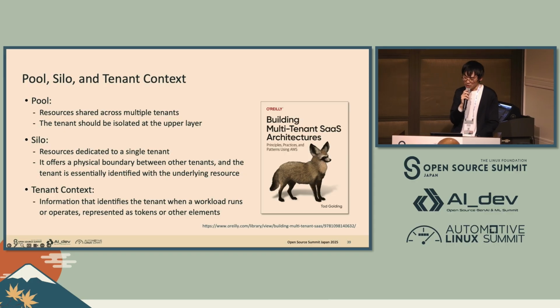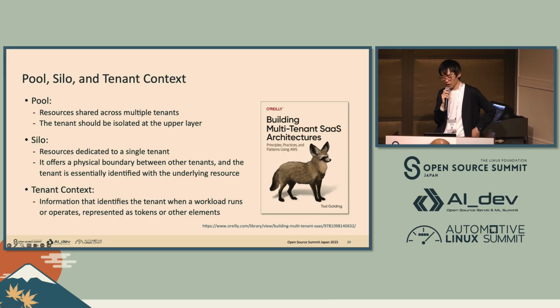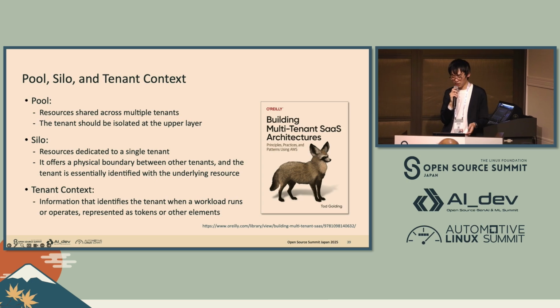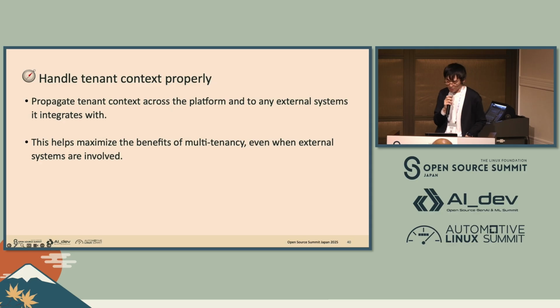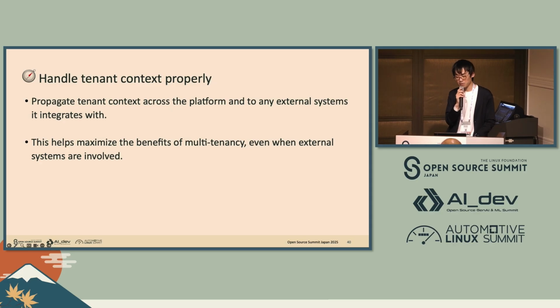And tenant context is how we identify which tenant each operation belongs to using tokens or similar markers. Tenant context is so important in the challenges that I will introduce later. And the last practice is about handling the tenant context.